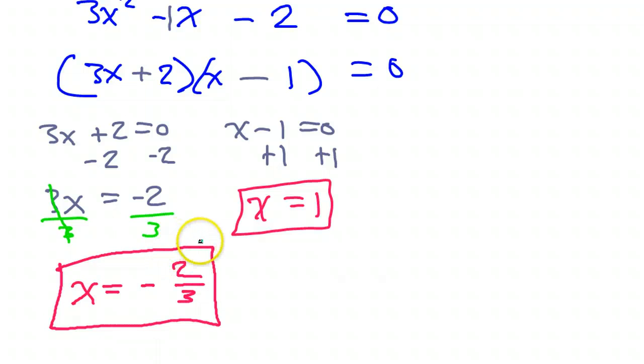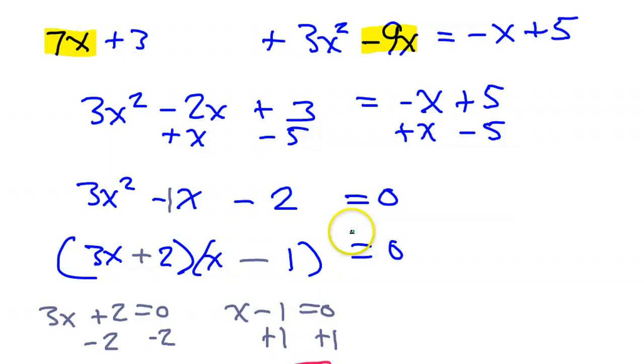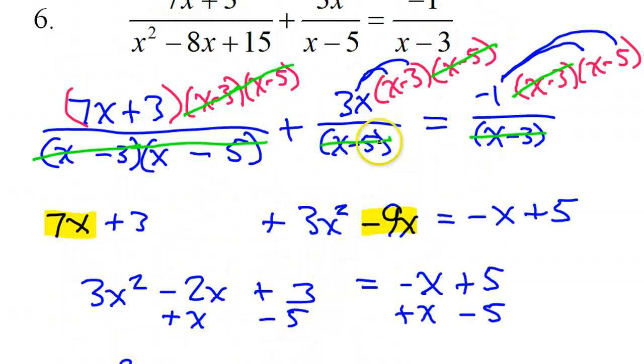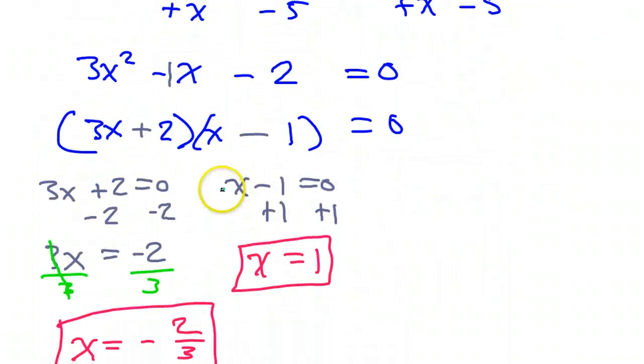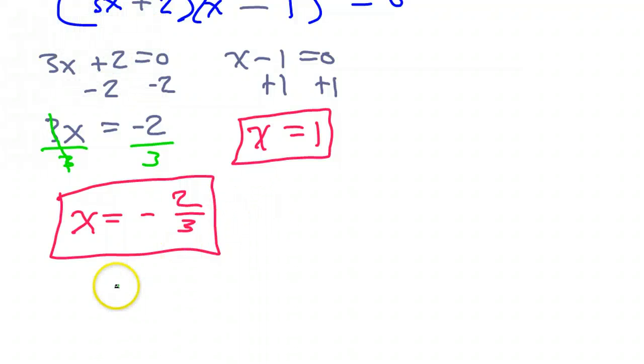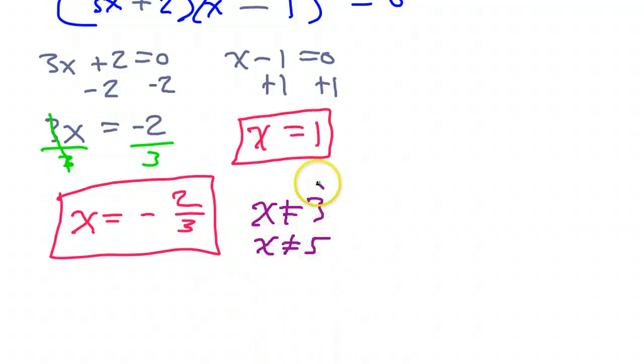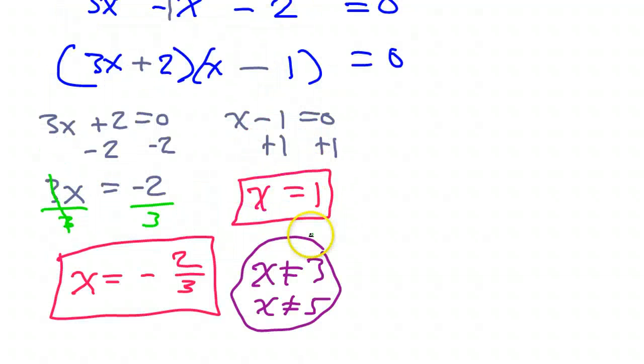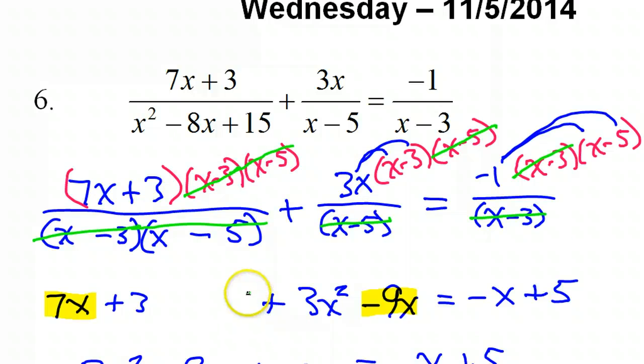So these are the solutions as long as none of these are restricted values. Okay, and my restricted values are x cannot equal 3 or 5. Those are my excluded values. So these are the solutions. Okay, that was number 6.